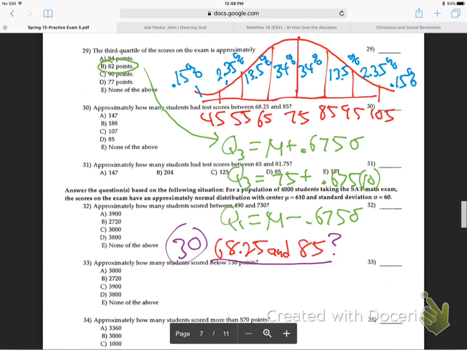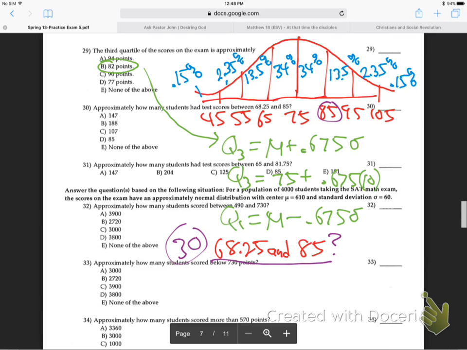Well, those are not percentages, so I'm not looking up in the curve. Those are on the bottom. Here's the 85, no confusion there. But where in the world is the 68.25? I don't see it. Somewhere between the 65 and the 75. It's just not there.